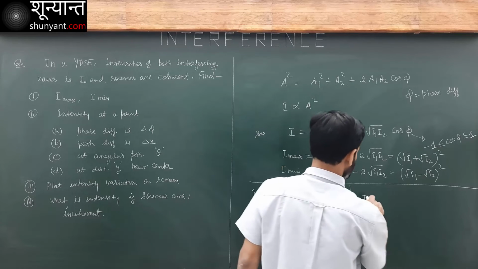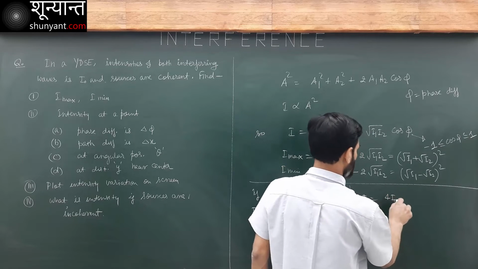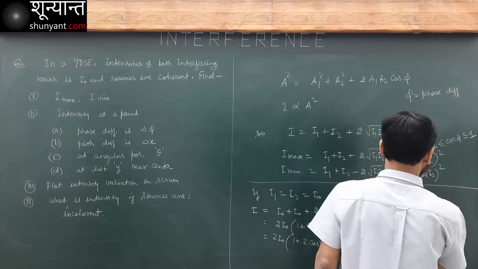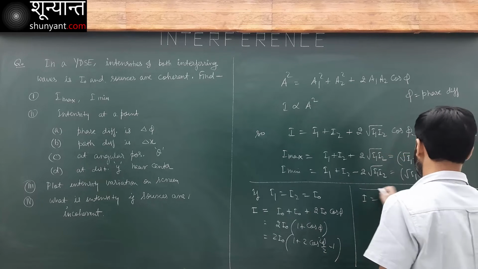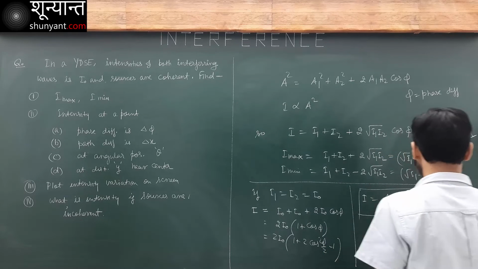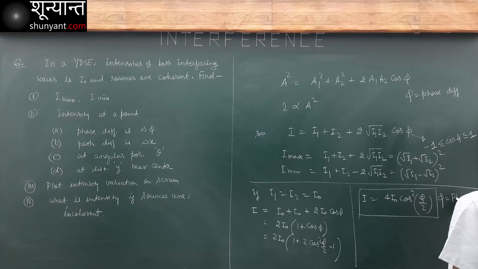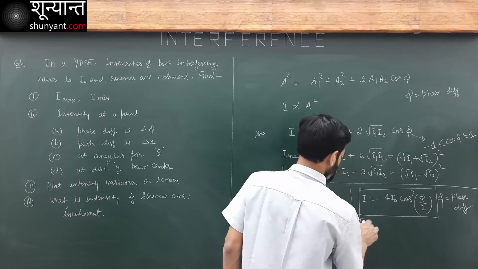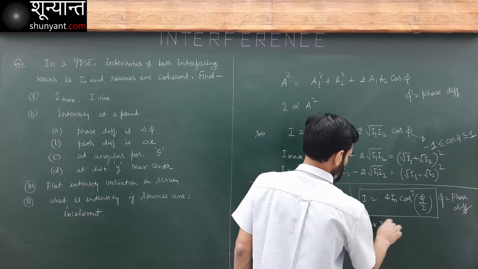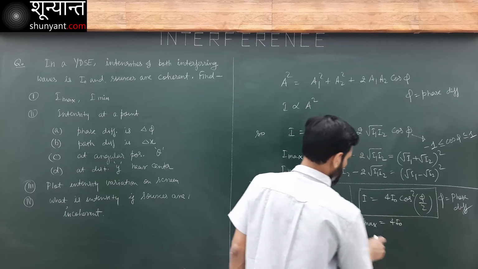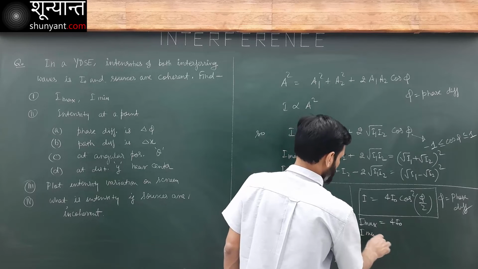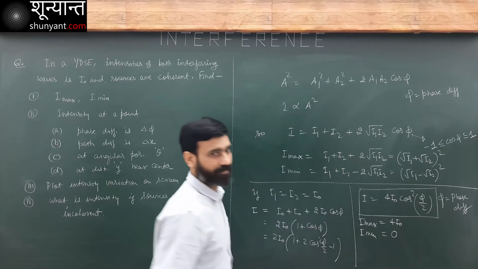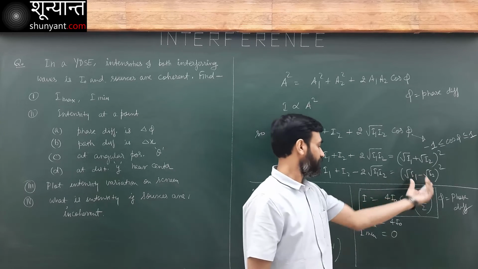So I is equal to 4 I naught cos square phi over 2, where phi is phase difference. Now I max is equal to 4 I naught. What will be I minimum? It will be equal to 0. When both are equal, it becomes 0.